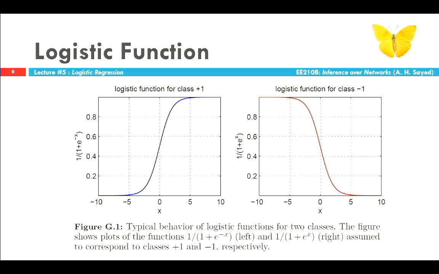So the choice of logistic functions allows you to model this dichotomy in the classes, to tell you that certain types of feature data are more likely under one class than the other class and vice versa.